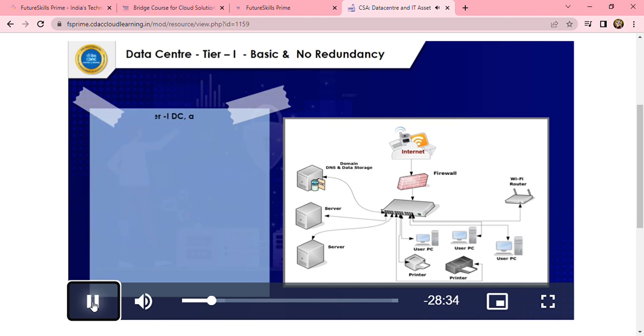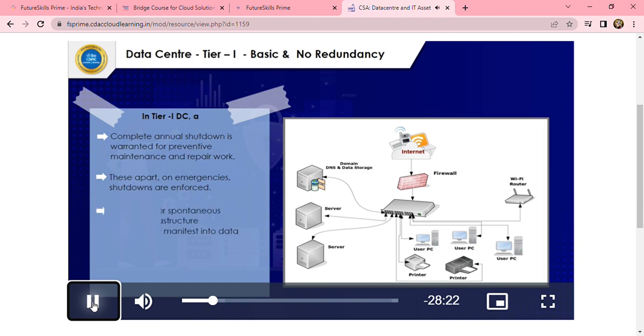In Tier 1, a complete annual shutdown is warranted for preventive maintenance and repair work. These apart, on emergencies, shutdowns are enforced. Operation errors or spontaneous failures of site infrastructure components may manifest into data center disruption.